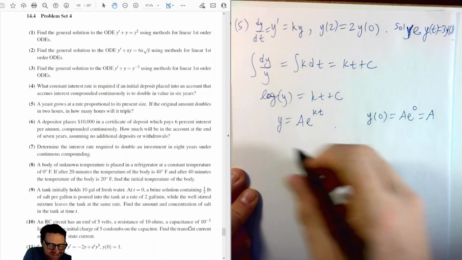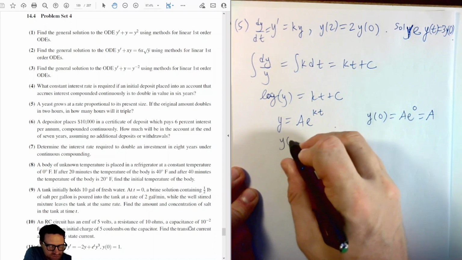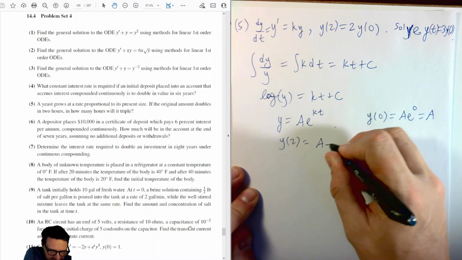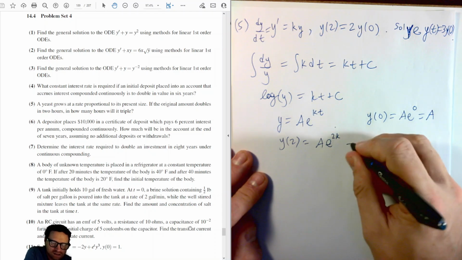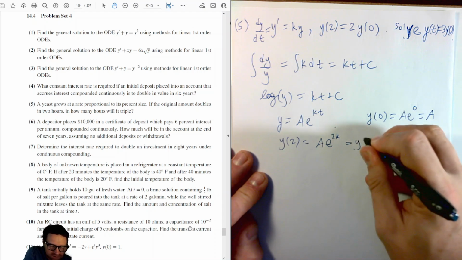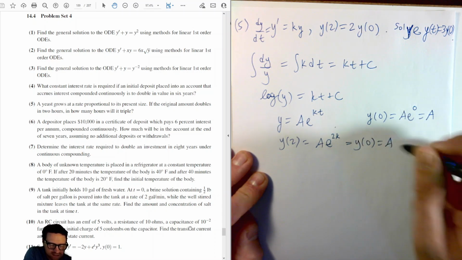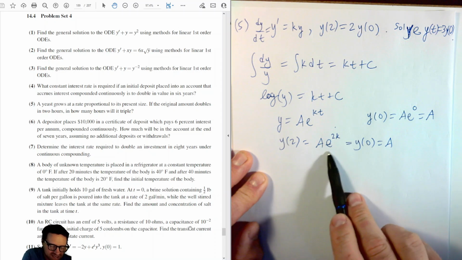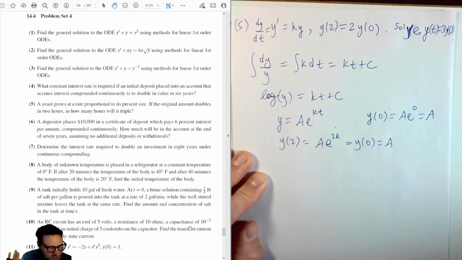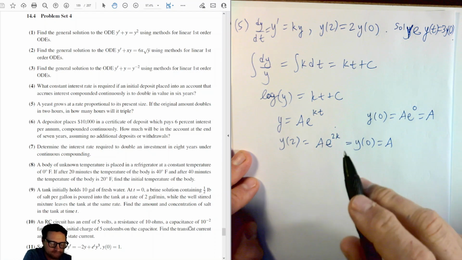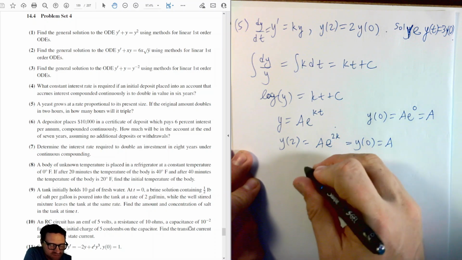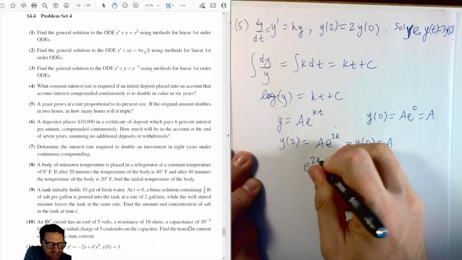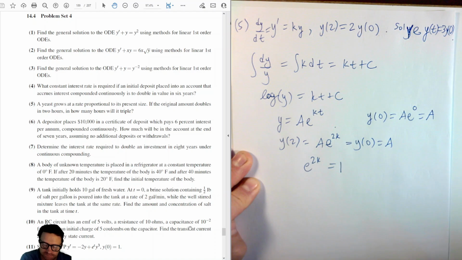And so what this says then, y of 2 is a e to the power of 2k, and this is y of 0, which is a. So a is equal to a e to the 2k. So this gives us a way to find k. Dividing both sides by a, we have e to the 2k is equal to 1.